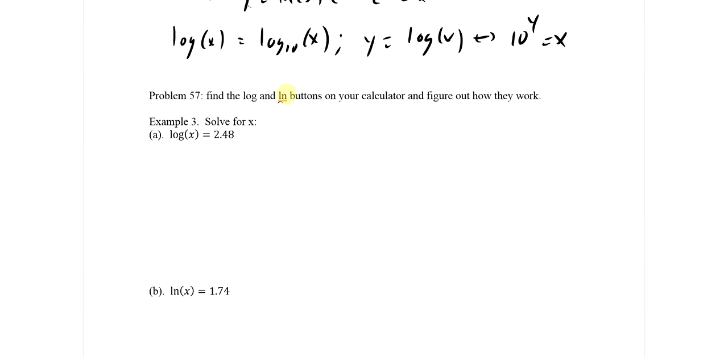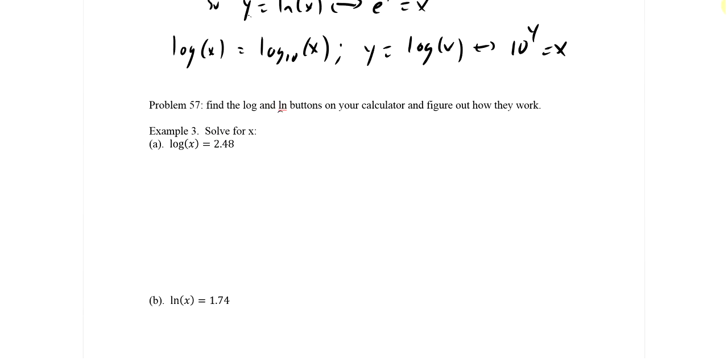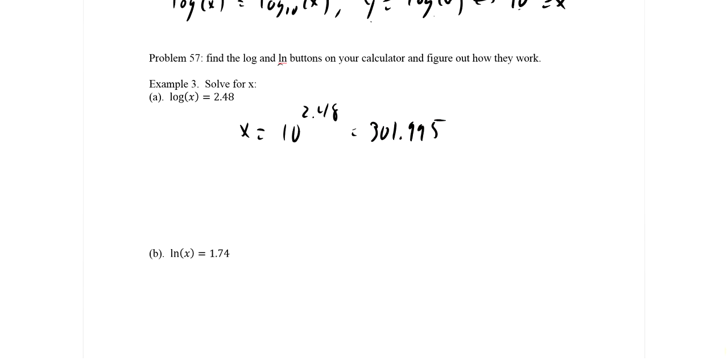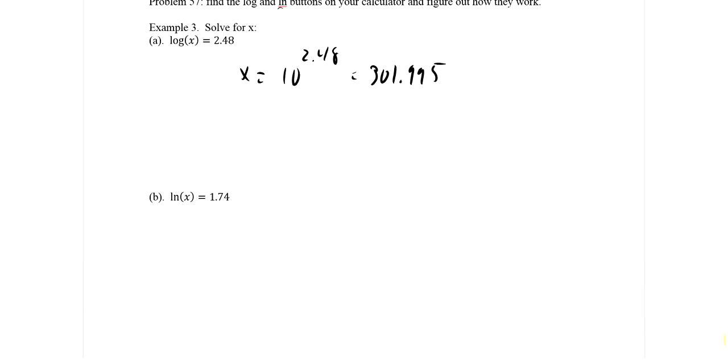So here's a problem. Log of x equals 2.48. What does that mean? Well, log of x equals a number means that 10 to that number equals x. So x equals 10 to the 2.48. You can get out your calculator and grind that through, and it's about 301.995. ln of x equals 1.74.